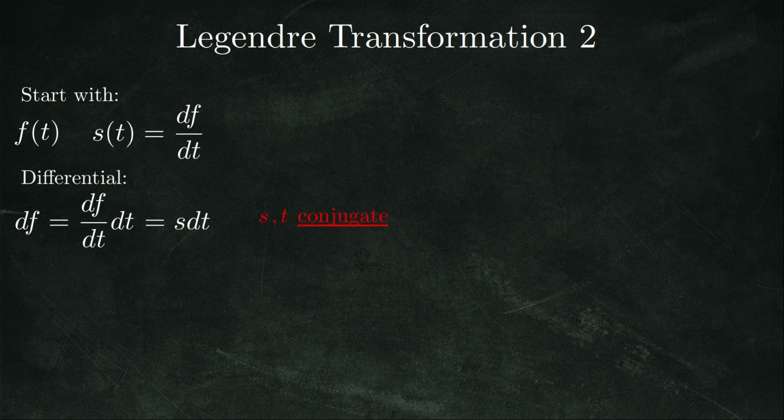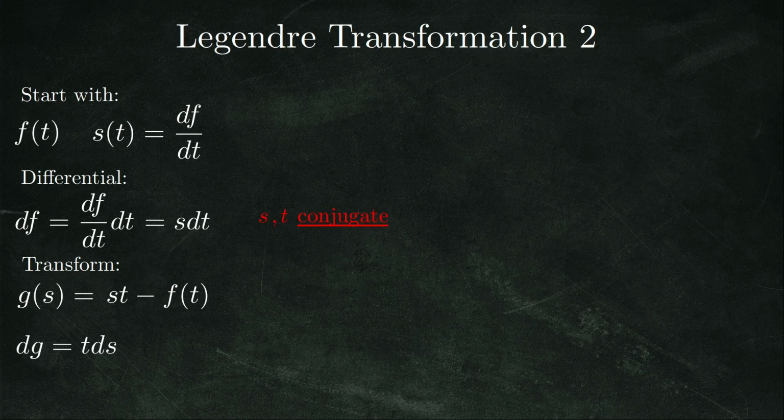And s and t here are called conjugate, as before. And then our transformation, as before, is g equals st minus f. And so if we take the differential of g, we find it's equal to t ds. So again, once we've taken the derivative, we've swapped s and t around. So once again, the Legendre transform swaps f and g, and it swaps s dt for t ds.